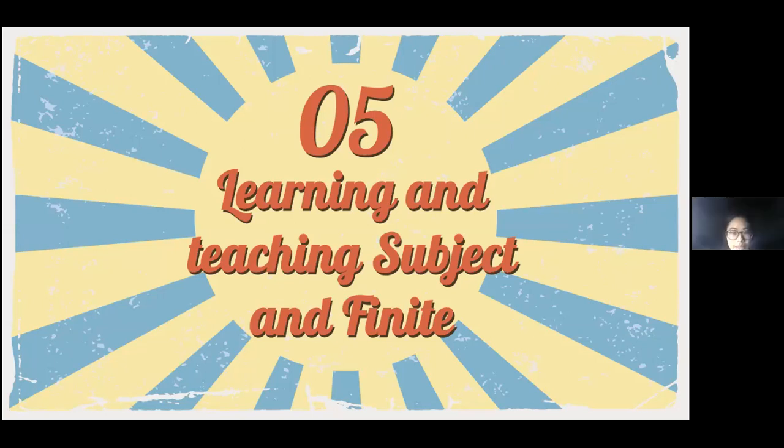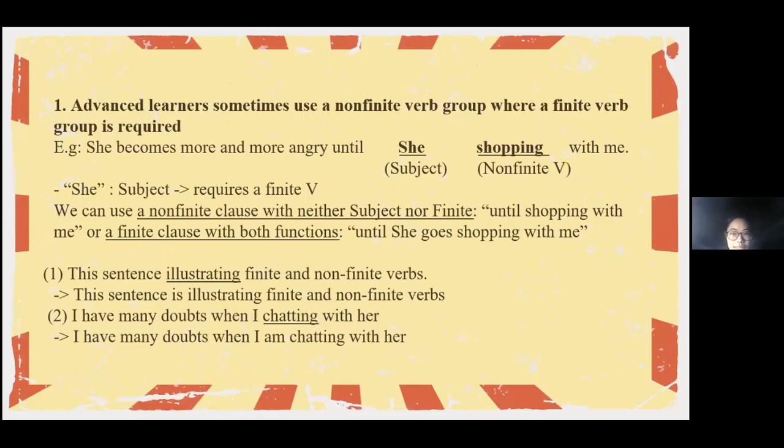Hello, I'm Huyên, and I will present part 5, learning and teaching subject and finite. Finite and non-finite verb forms do not have a regular distinction, but mastering the function of subject and finite from the beginning is important for second language learners. There are some problems when learning subject and finite, as follows.